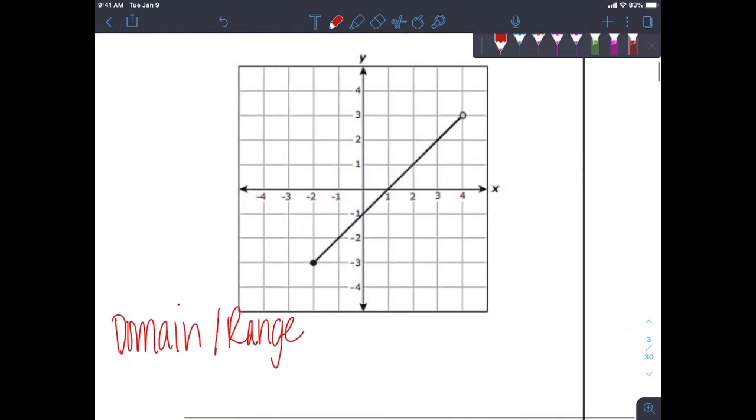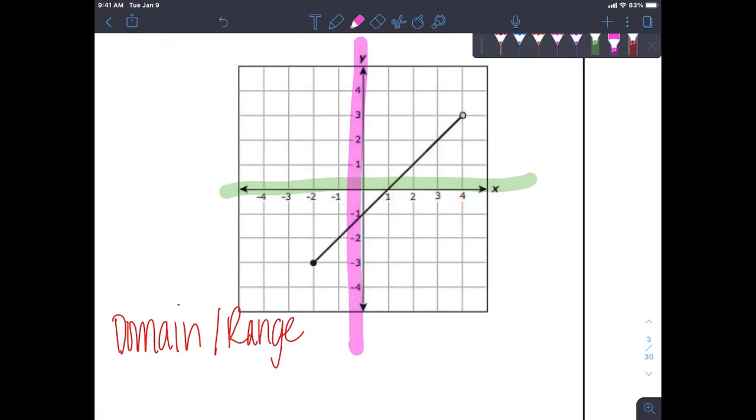All right, same exact thing again. We're dealing with domain and range. Let me draw in my little pencil. We're going to start with our domain. Because this is continuous, I'm going to get that set up like that.